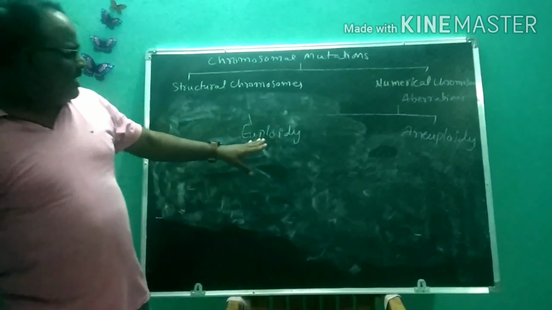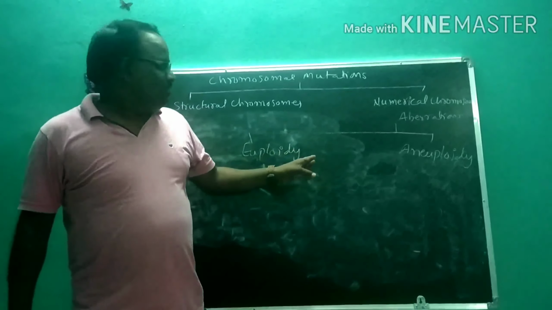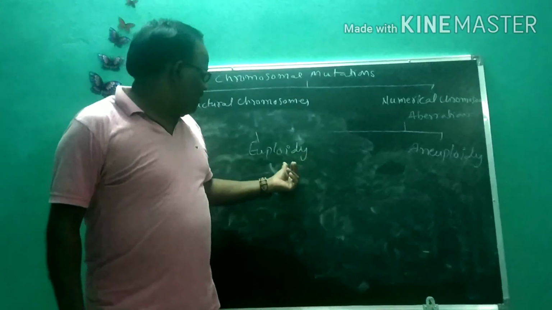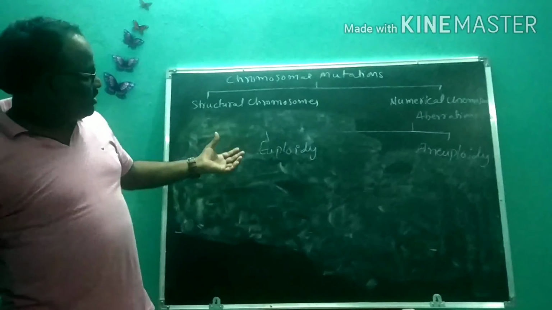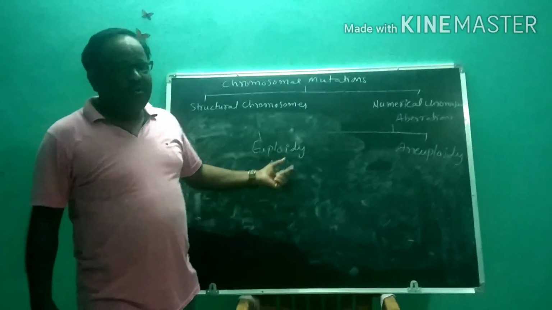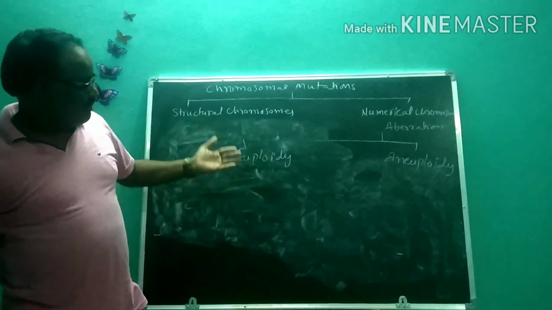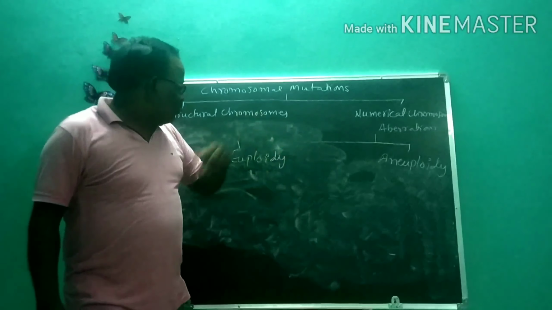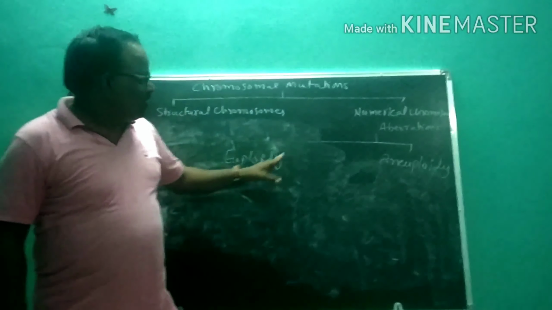Euploidy. Generally, ploidy refers to sets of chromosomes. In euploidy, at the gametic level, the basic set of chromosomes is called the genome. The genome can be monoploid, diploid, or haploid, and so on. Eu means original or true, and ploidy means unit.